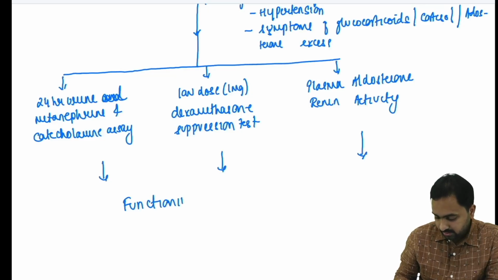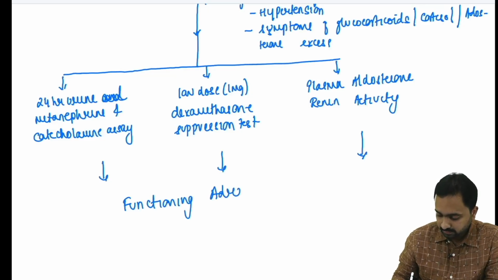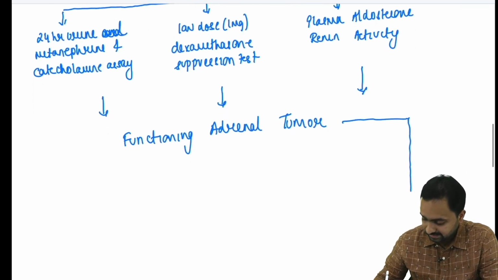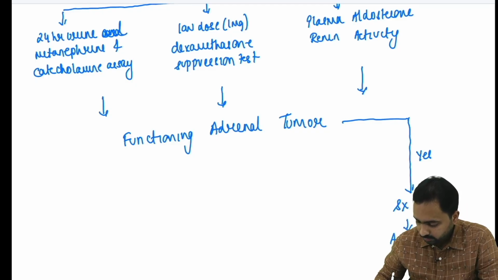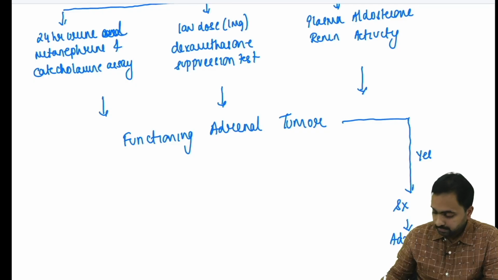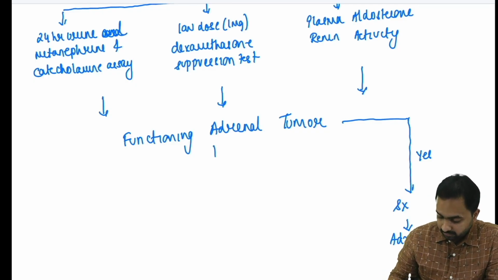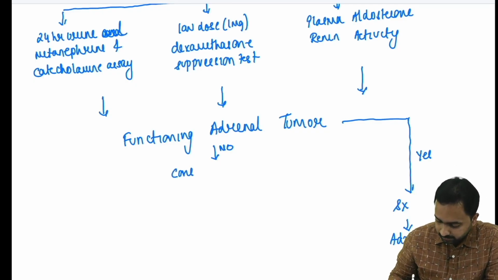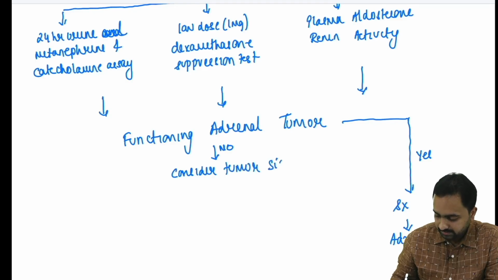Now, with this, we would try to determine whether it is a functioning adrenal tumor or not. If it is a functioning adrenal tumor and your answer to this is yes, then we go for surgery. What surgery do we go for? We go for adrenalectomy, right? Now, if it is not a functioning adrenal tumor, then we consider the tumor size.